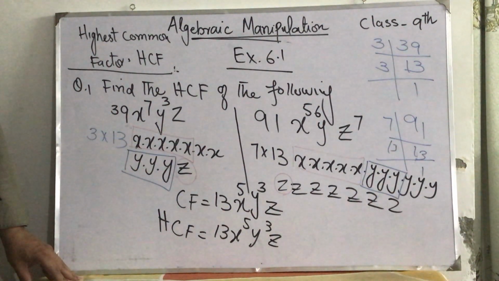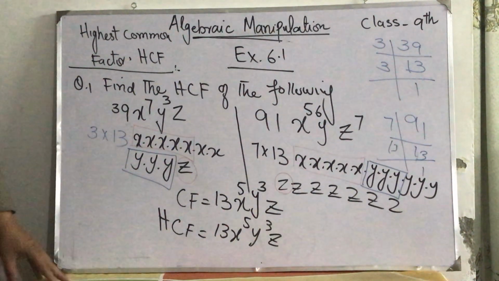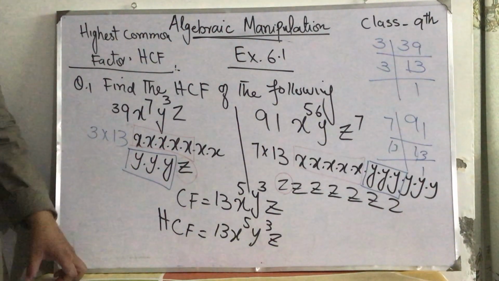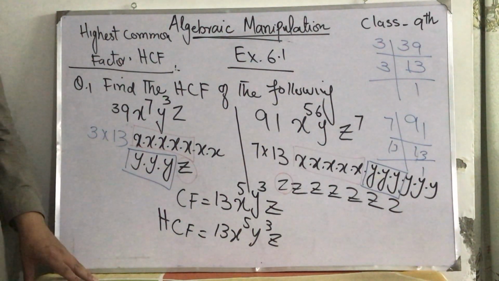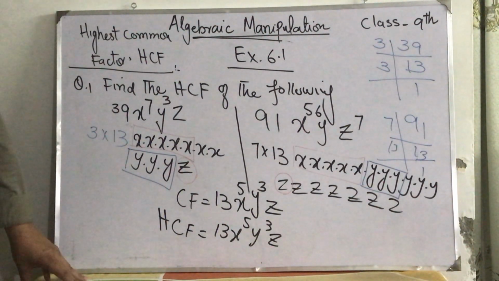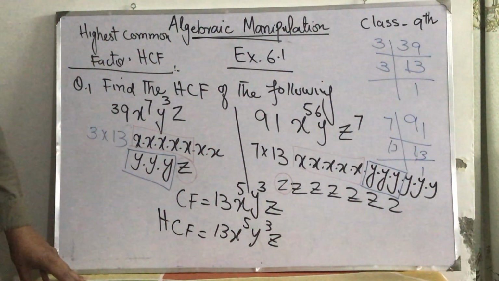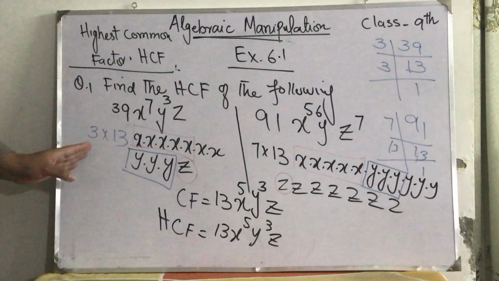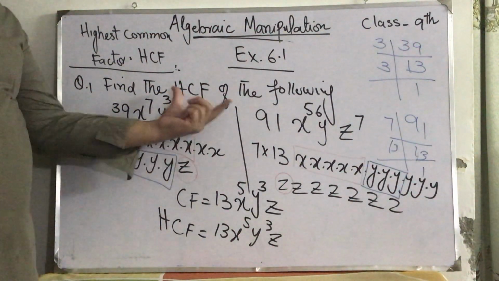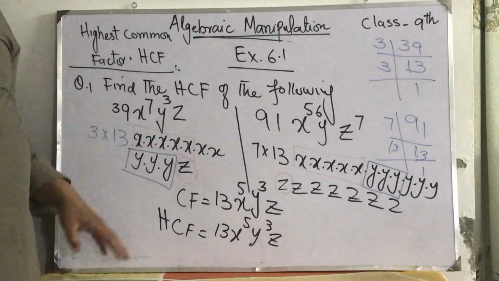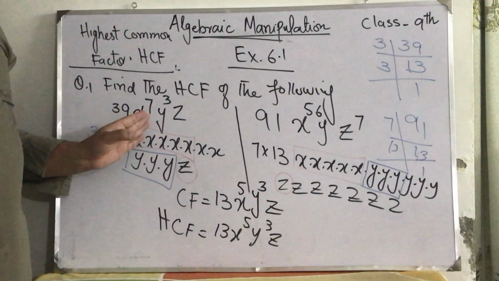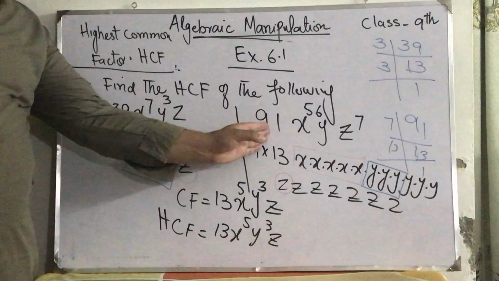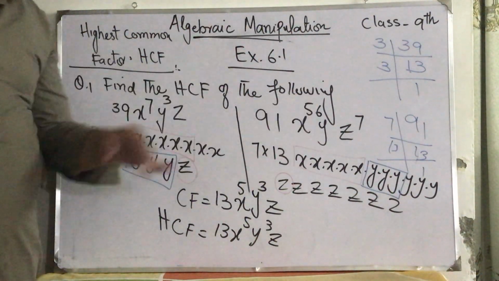First we learn what an algebraic expression is. In the algebraic expression, we first have to find the HCF. What is HCF? Highest common factor. To find out the highest common factor, first of all we write their factors. Like in this question, we have two terms, 39 x^7 y^3 z and 91 x^5 y^6 z^7.